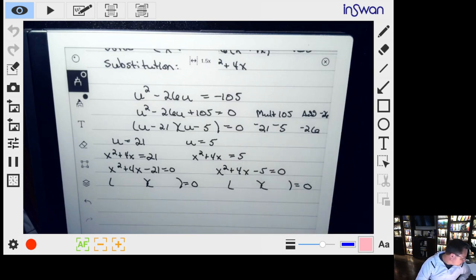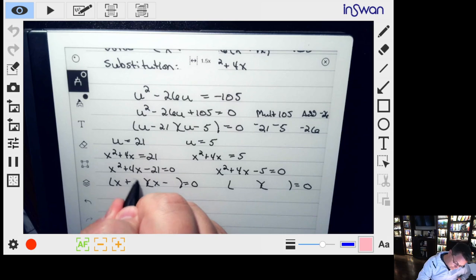We'll give it a shot. So here would be x and x. And it's going to have to be plus and minus because the back term is negative. And so two things that multiply together to give me 21, but add together to give me 4. Well, that's going to have to be a 7 and a 3, and the 7 is going to have to be the positive one because this is positive.